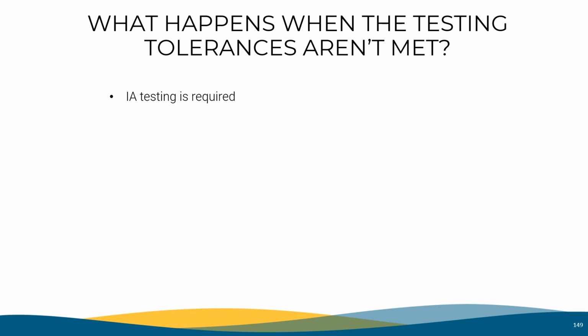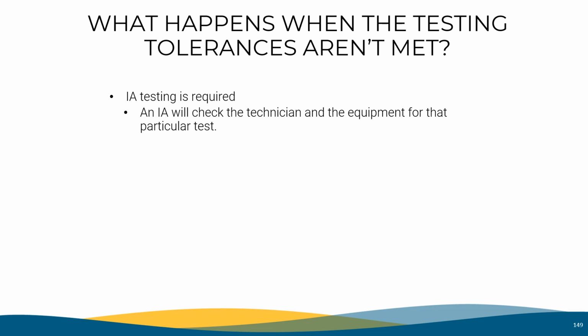What happens when the testing tolerances aren't met? An IA review or independent assurance review is required. When an IA review is conducted, we will review the technician and the equipment for that particular test in which tolerances weren't met. The IA will be done by the QA manager or a representative.